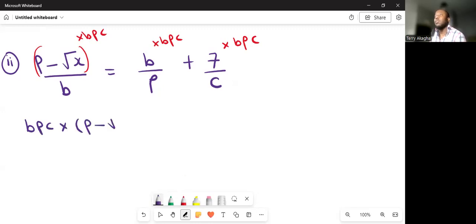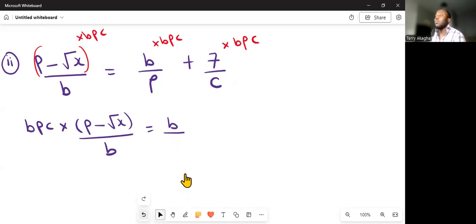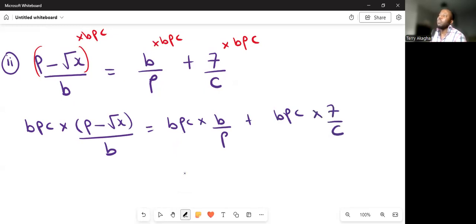So bpc multiplied by p minus square root of x divided by b will be equal to bpc multiplied by b over p plus bpc multiplied by 7 over c.